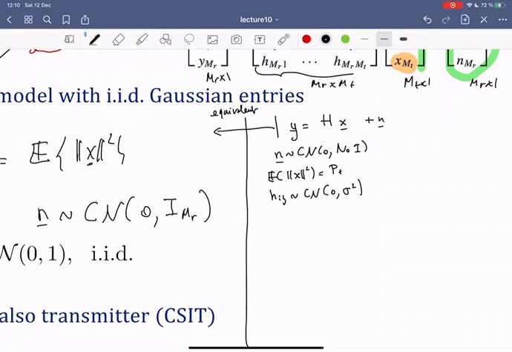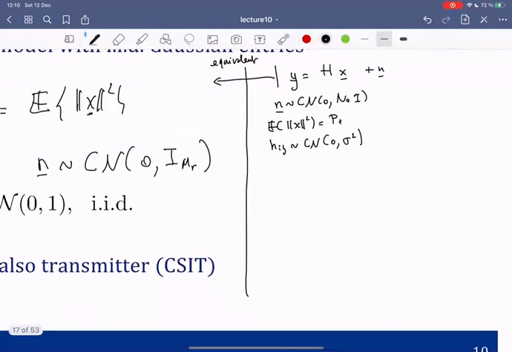You can verify this equivalence yourself. I will try to do that here. Maybe it will not work very well, but I can say that h is equal to sigma times a complex Gaussian zero mean variance 1, right? So I haven't changed anything. And then I can say y is equal to sigma times a new matrix H tilde, where the H tilde entries, h tilde_ij, are complex Gaussian zero mean variance 1.